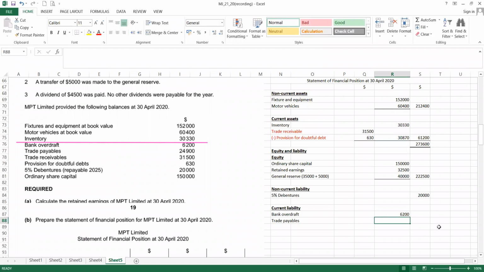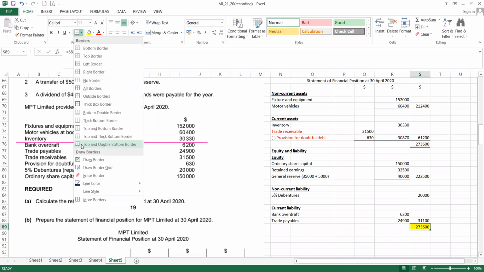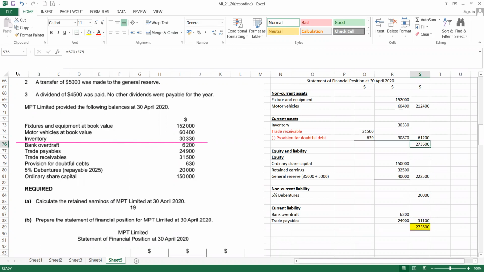And trade payable is 24,900. So we add the total, see whether we can get it balanced. If it gets balanced, that means our account should be fine. Okay, so the amount is the same as the total asset, which means that our account should be no problem. Okay, now let's move on.